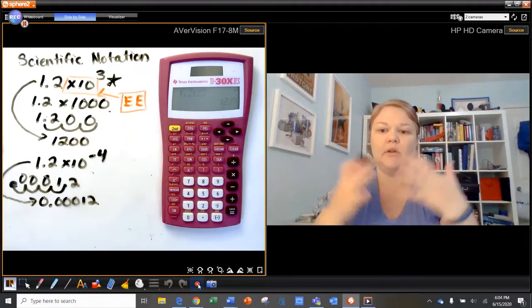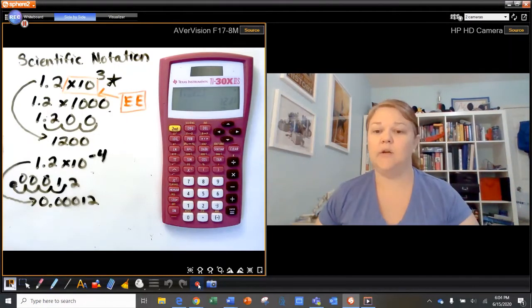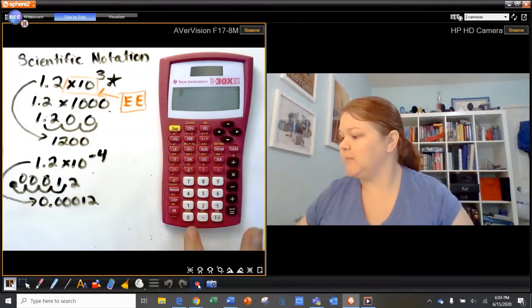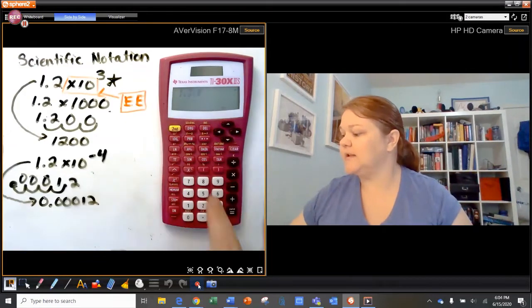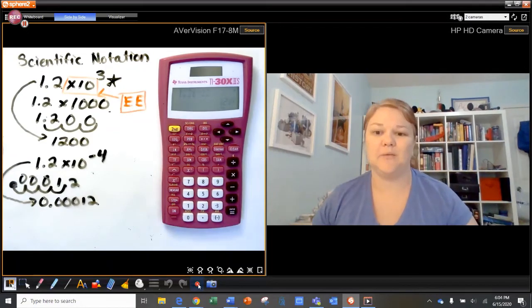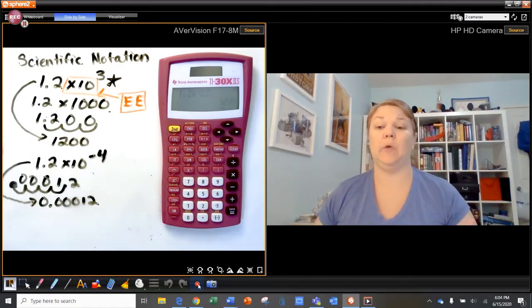It doesn't have the capability of doing that. So it automatically puts in scientific notation. So when a number is way too big or way too small, so say it's something small like 1.2 times 10 to the -22nd, again, it's going to put it in scientific notation because it can't handle it.